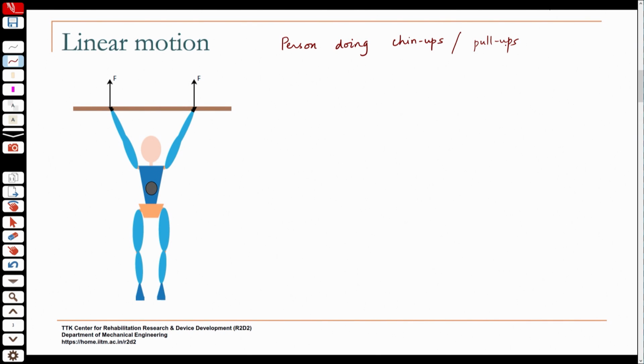So, if you are doing that, you want to find the contact force exerted by this person on the bar. Okay.